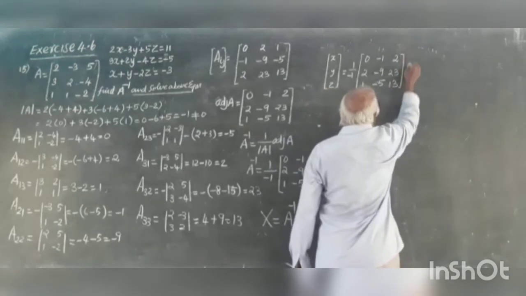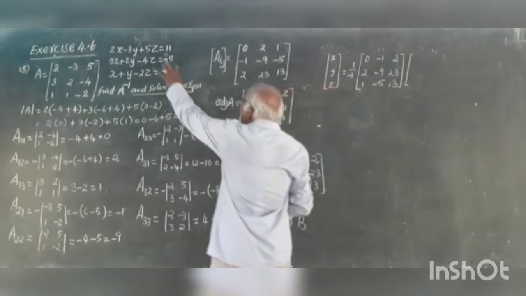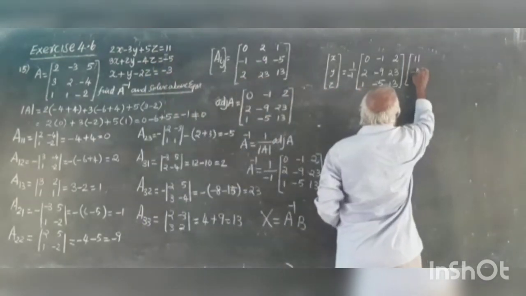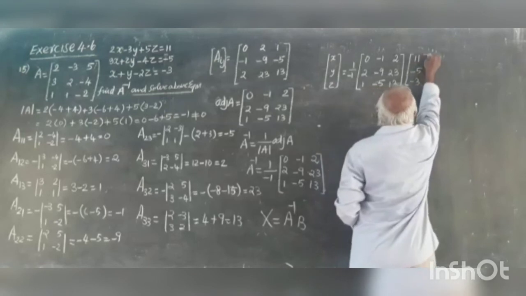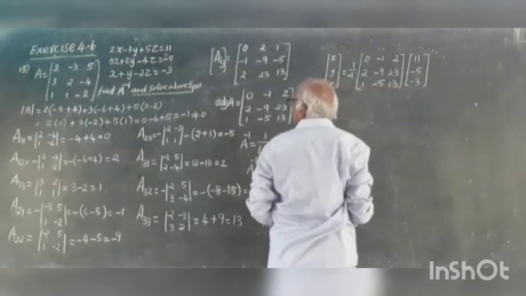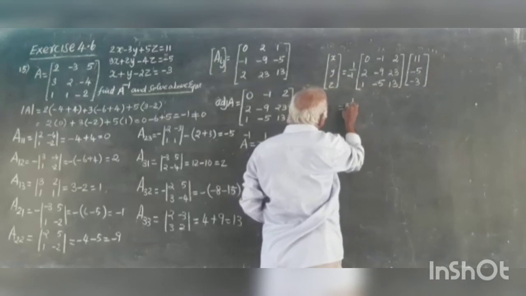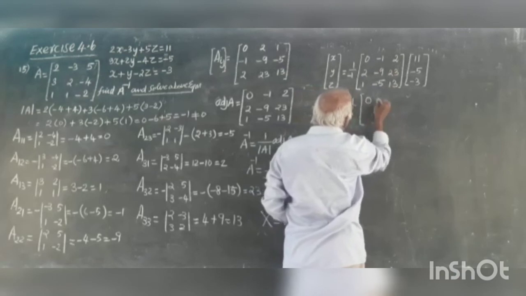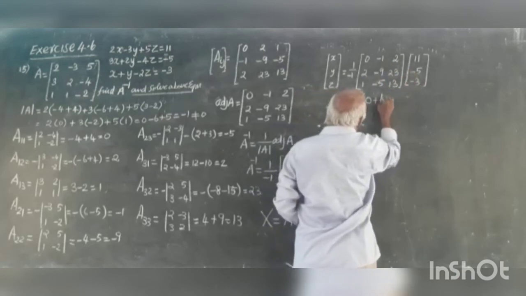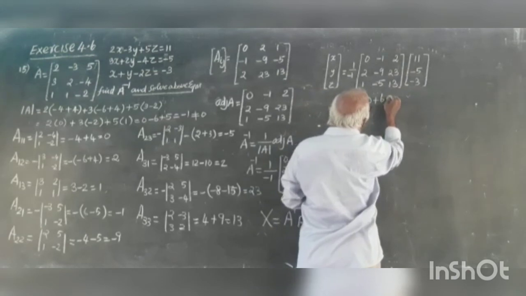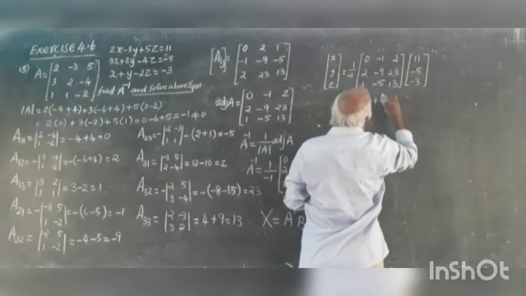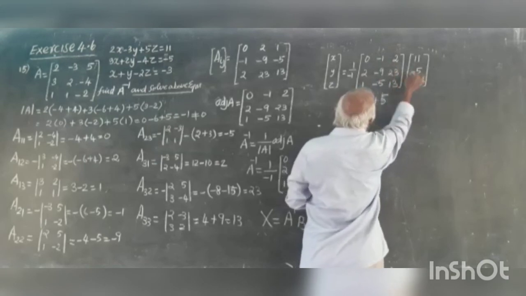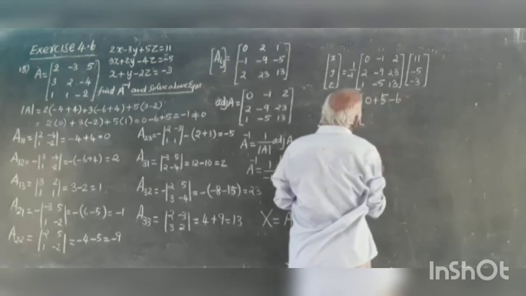into the constant matrix. The constant matrix is 11 minus 5 minus 3, and multiply. 1 by minus 1, 0 plus 6 plus 6, 0 into 11, 0 minus 1 plus 5 minus 6.